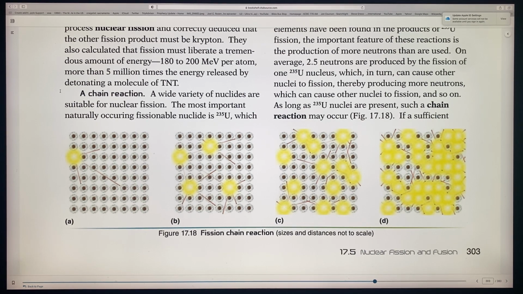So this is a fission chain reaction, as you can see. Of course, the sizes are not to scale, but you have basically one atom splitting. As they split, you can see how it splits another one, and another, and another. And this goes many times in just fractions of a second.